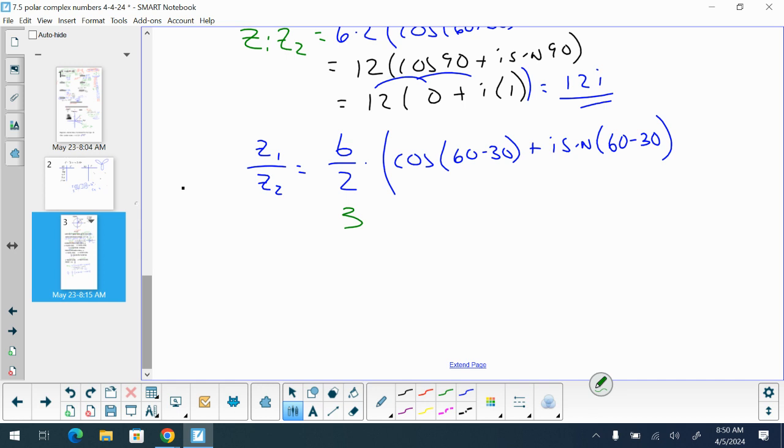So we should have 3 cosine of 30 plus I sine of 30. And once again, if I wanted to, I can write this as 3 CIS 30.